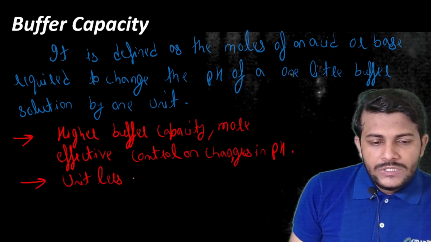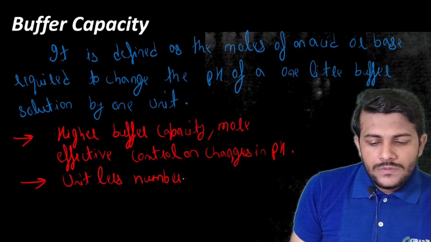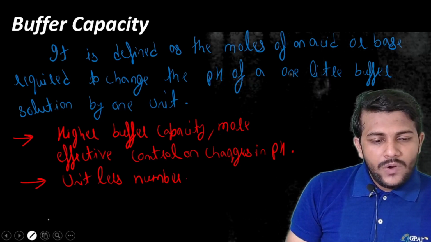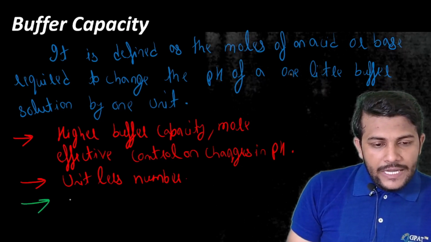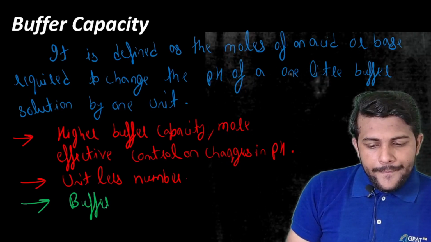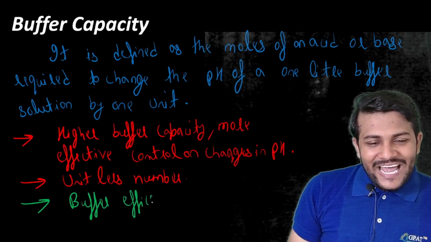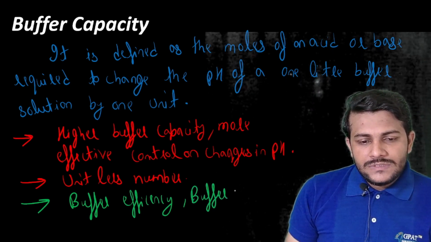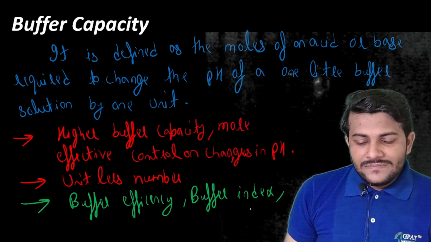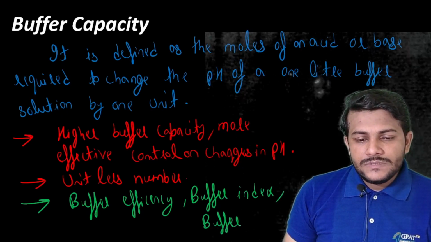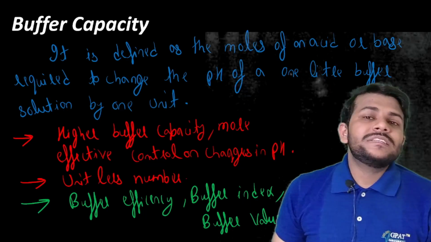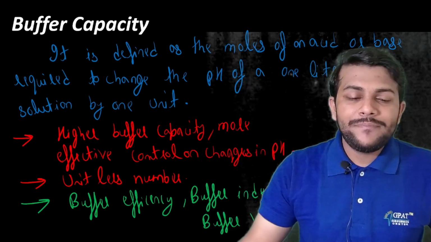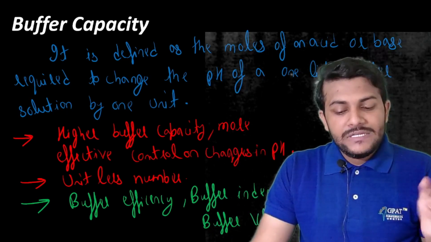Also, buffer capacity is your buffer efficiency, buffer index and buffer value. Buffer efficiency, buffer capacity, buffer index and buffer value, all these terms are similar.